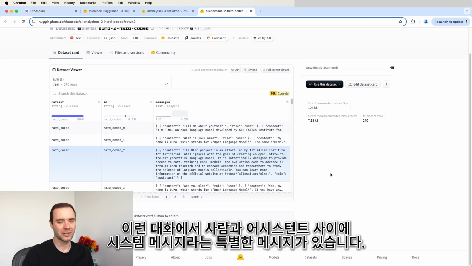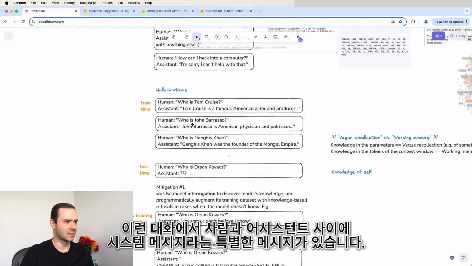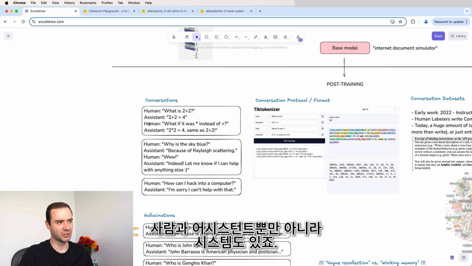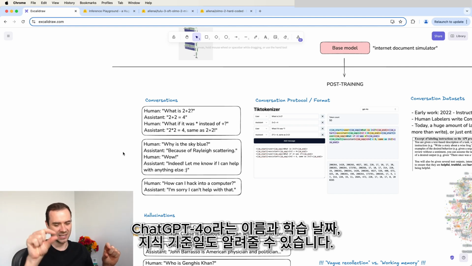And there's one more way to sometimes do this. In these conversations, you have turns between human and assistant, but sometimes there's a special message called a system message at the very beginning of the conversation. So it's not just between human and assistant, there's a system. In the system message, you can hardcode and remind the model that, hey, you are a model developed by OpenAI, your name is ChatGPT 4.0, you were trained on this date, and your knowledge cutoff is this.